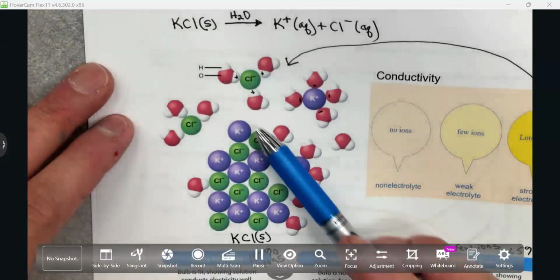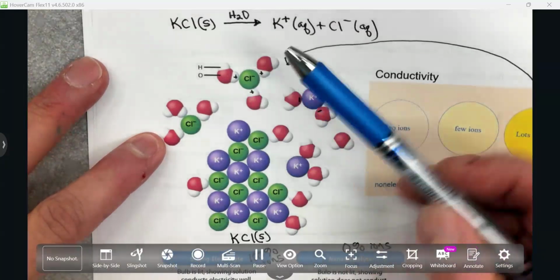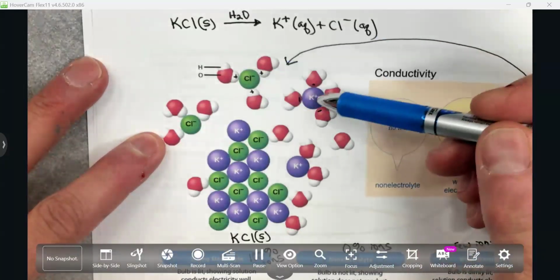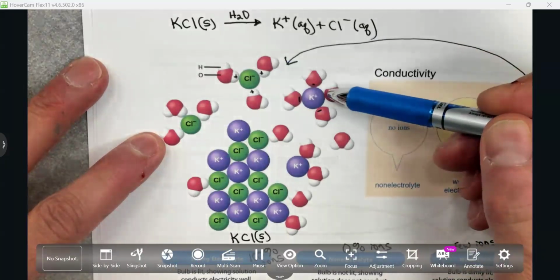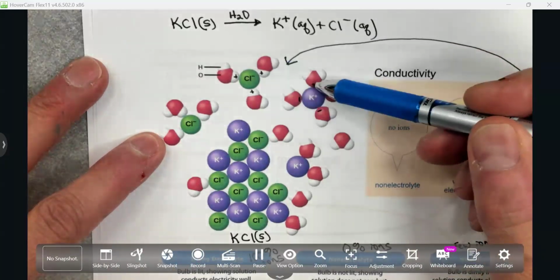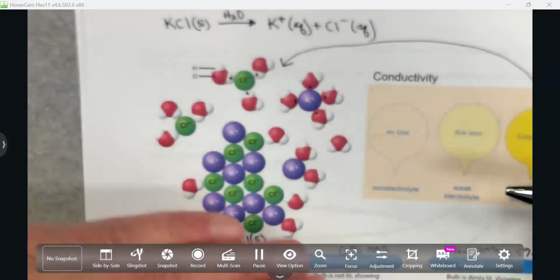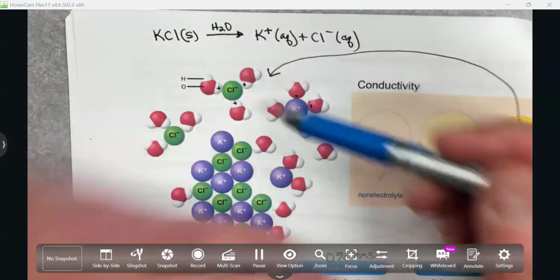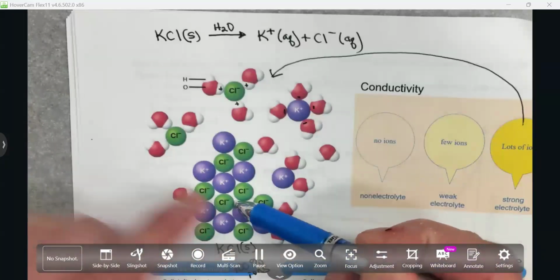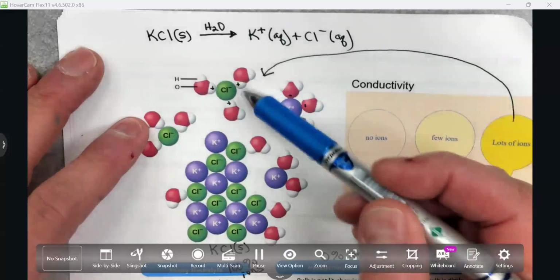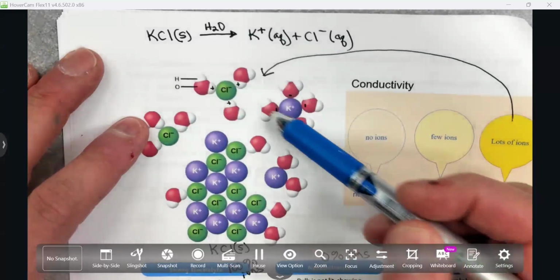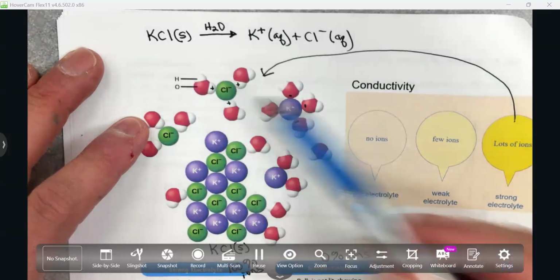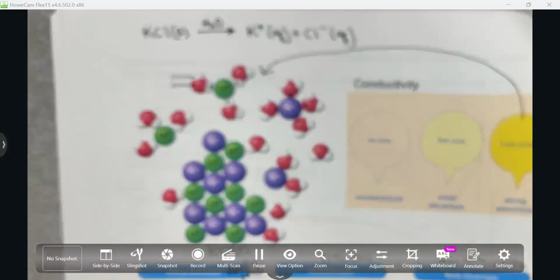When they split up, the negative ion is attracted to the positive hydrogen, and the positive ion is attracted to the negative oxygen. We can go from this back to the solid if we let the water evaporate. The attractive force between the positive potassium ion and the negative chloride ion will bring them together, and you'll get a solid.